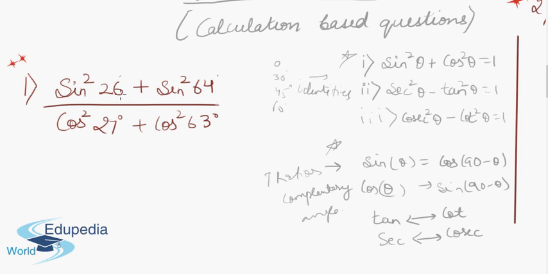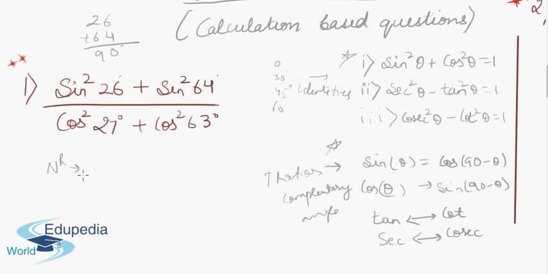But if you look clearly at the numerator, you will find that 26 plus 64 is 90 degree. So we should at least try to check whether the complementary angle solves our problem or not.